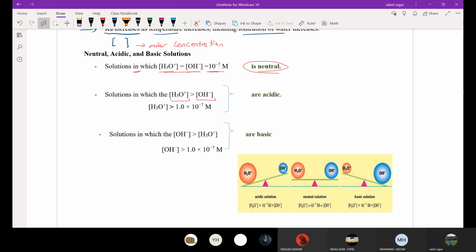Or we said if H3O is 10 to the power minus 7, then it's neutral. What about if H3O is bigger than 10 to the power minus 7? If H3O is bigger than 10 to the power minus 7, then it's also acidic. Or, one more thing, if the concentration of OH is smaller than 10 to the power minus 7. So if OH is small, it means that H3O is more.